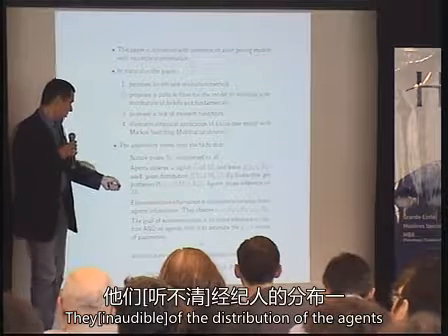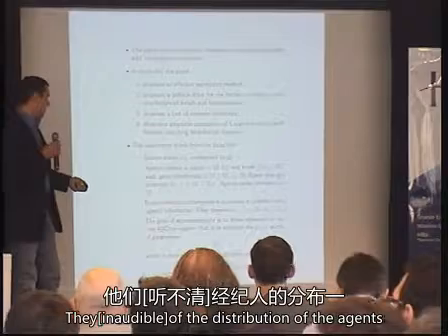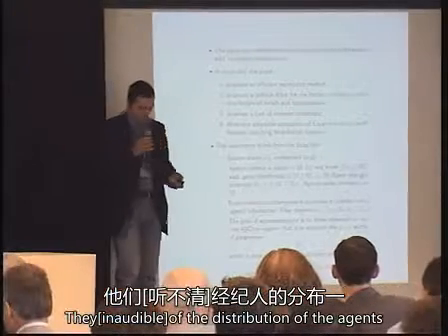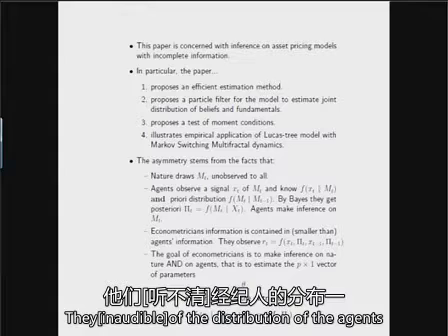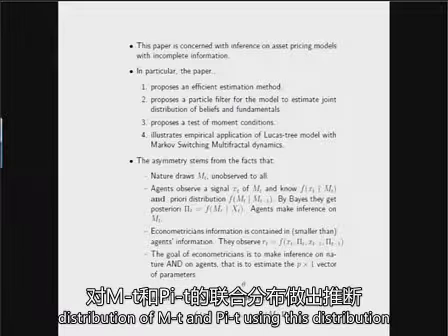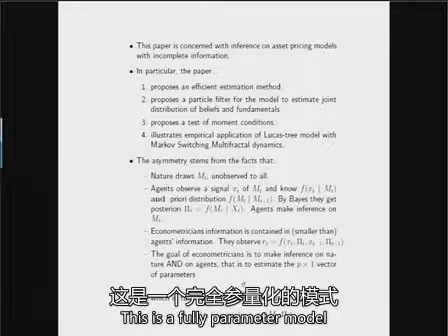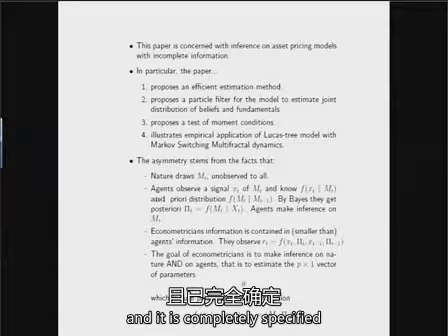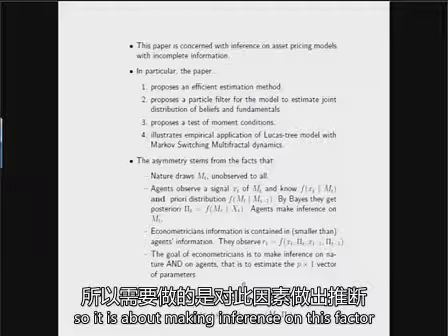So they collect information in R_t, which in the application is, say, current and past returns, and then some idea of the distribution of the agents. And of course, the goal is to make inference on the joint distribution of M_t and pi_t using this distribution. And this is a fully parametric model. It's completely specified. So all is about making inference on this finite dimensional vector theta.